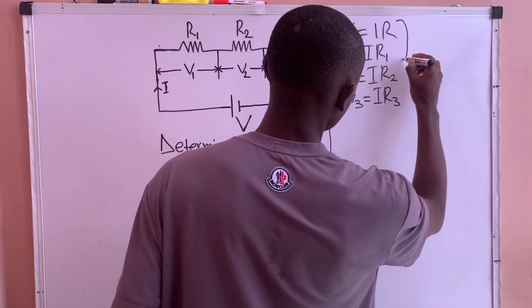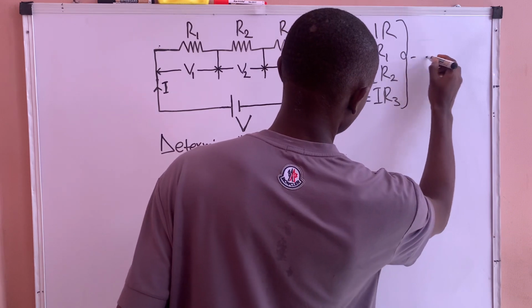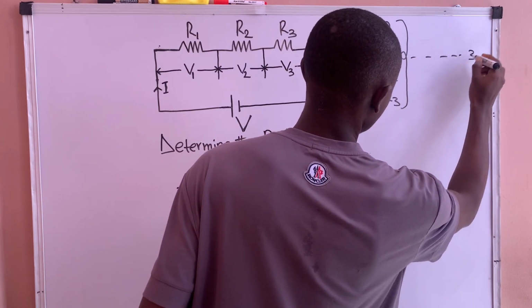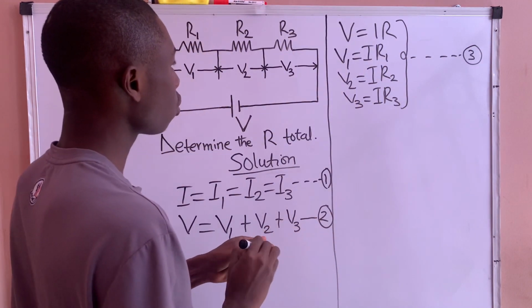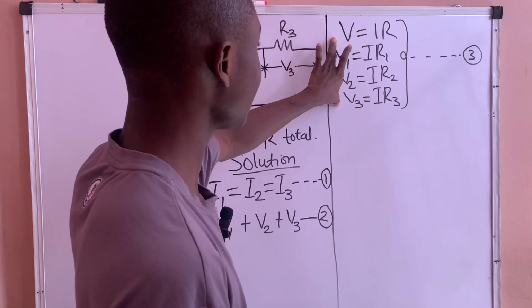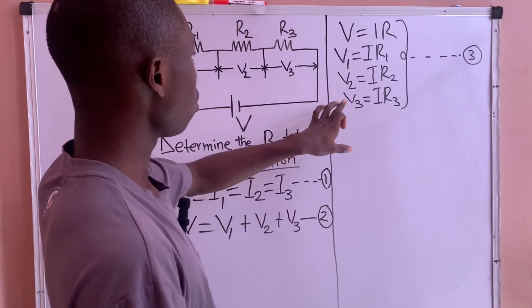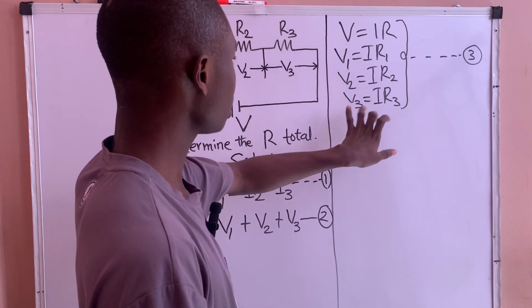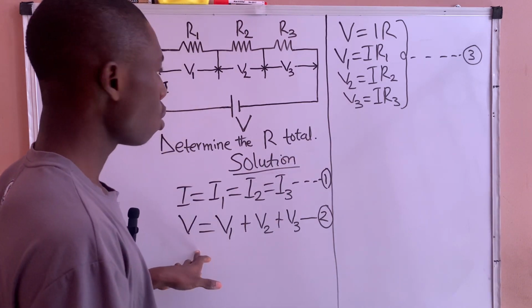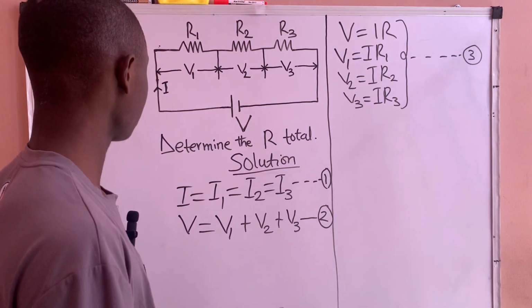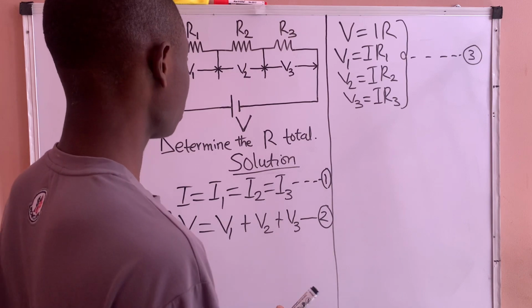So we can call the whole of this equation 3. Now that we have the values of voltage that differ in the network, we will substitute equation 3 into equation 2 to get our equivalent resistance of a series circuit.